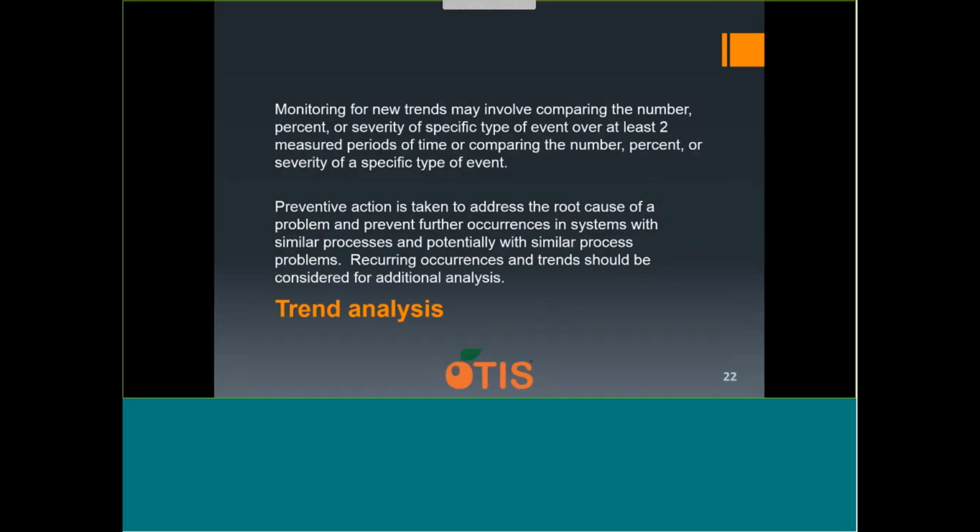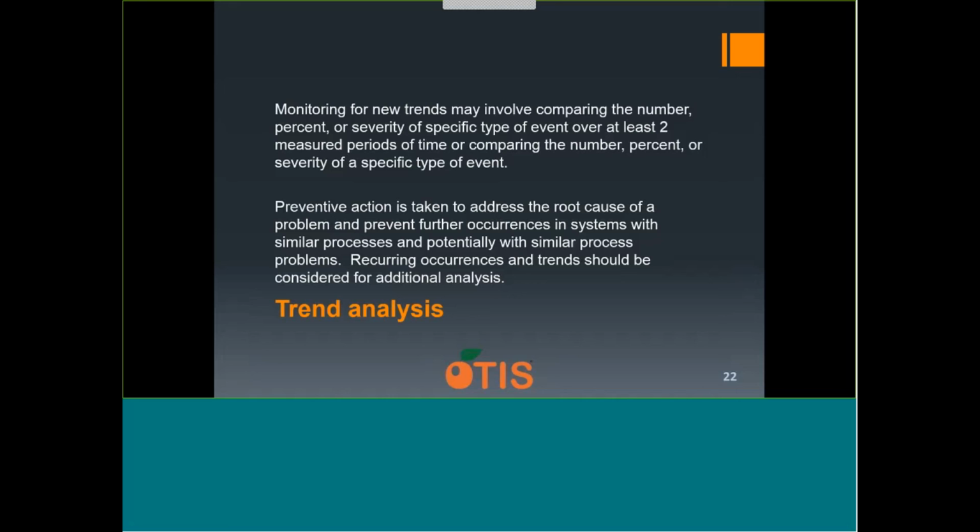Preventive action is taken to address the root cause of a problem, and you put together a plan for that, and the idea is that you prevent further occurrences in systems with similar processes and potentially with similar process problems. So, just think out of the box. Don't just look at the one.